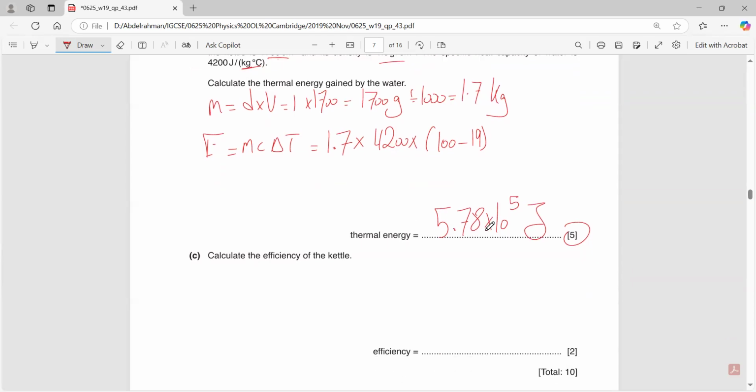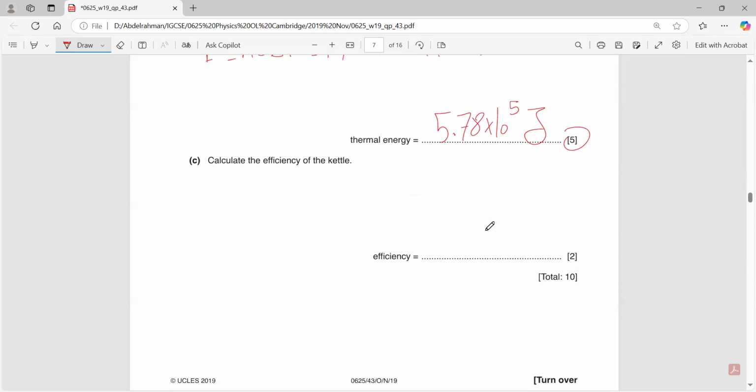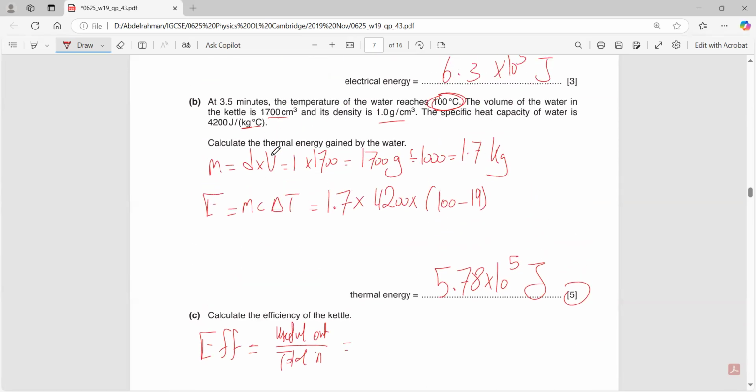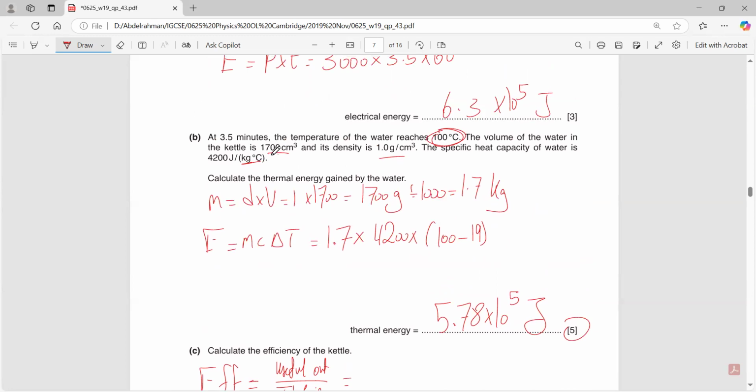Can I find the efficiency of the kettle? Okay, that's easy. Efficiency would be equal to the useful output over the total input. Which of these numbers is the useful output and which is the total input? If you cannot say which is the output and which is the input, the total input is always the larger number.